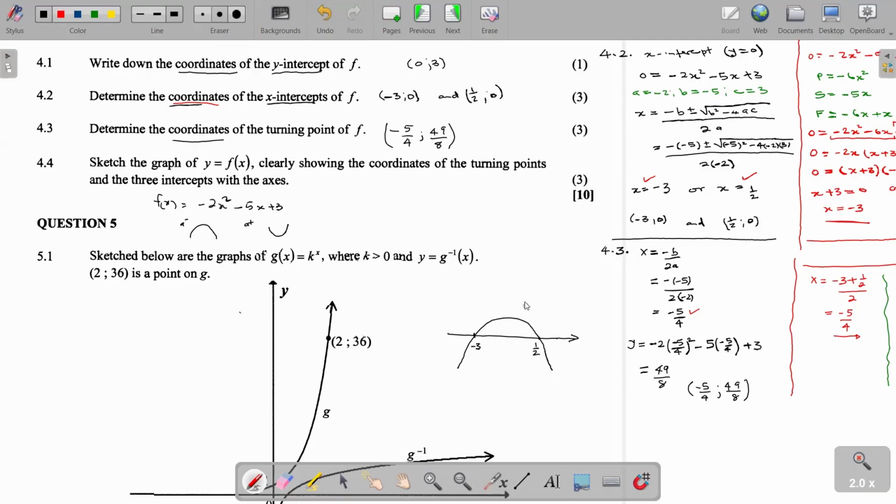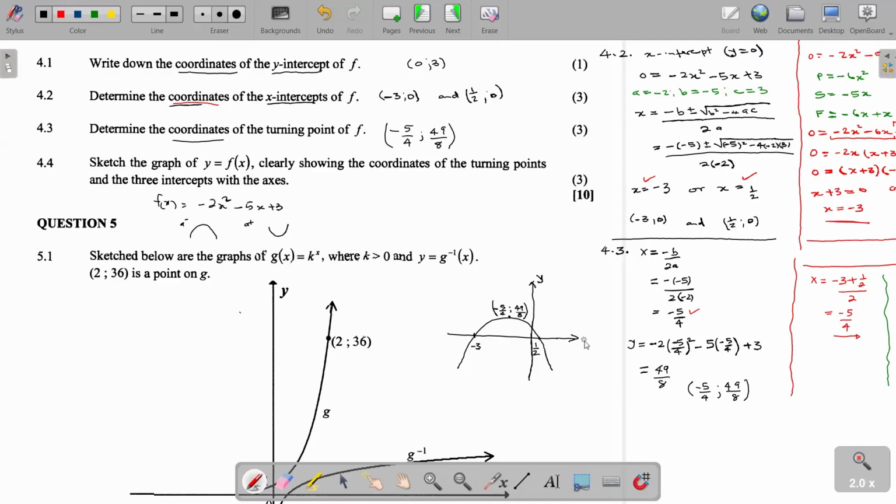Then here we are going to have our turning point there. The coordinates are minus 5/4 and 49/8. Then the y-intercept is on the right of the turning point.